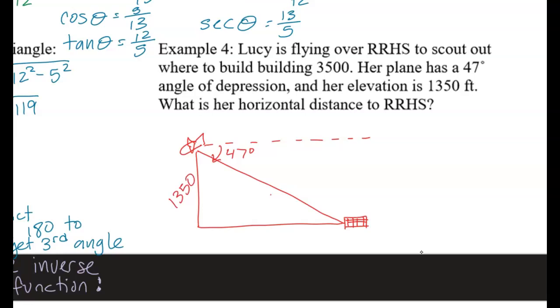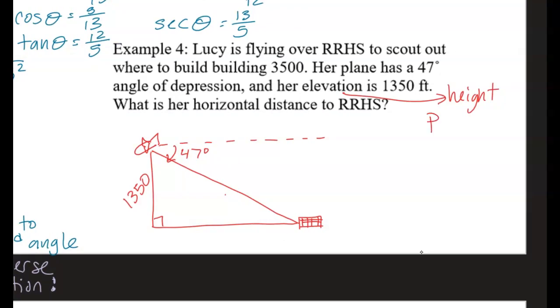Elevation is a synonym for height. It's always going to be perpendicular to the ground. Then it asks, what is her horizontal distance to Round Rock High School? Where should I put my x?